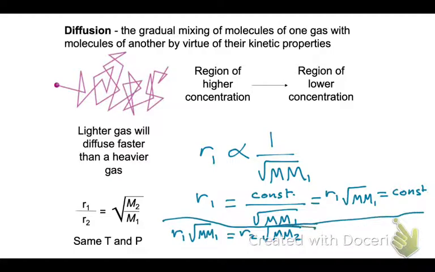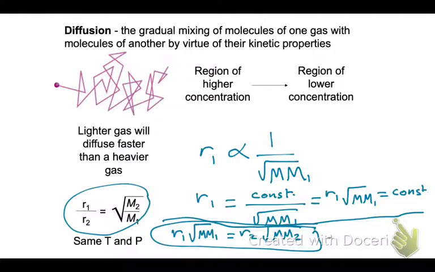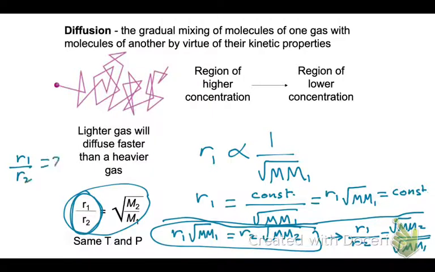If you take this part and rearrange it to look like this one, it will be R1 over R2 equals the square root of molar mass 2 over the square root of molar mass 1. It's important that we can have it as a ratio because that's a speed ratio. So if gas 1 is 2 times faster than gas 2, that means that R1 over R2 equals 2. If gas 1 is 5 times faster than gas 2, then that ratio equals 5 and so on.